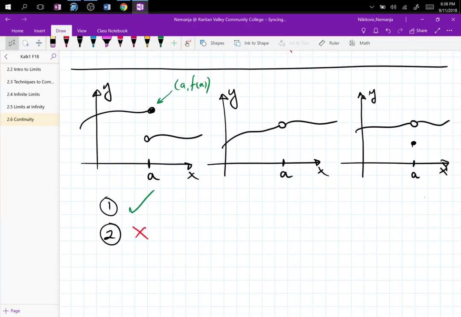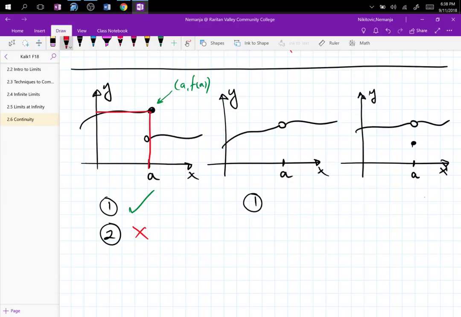All right, next one. What happened? There is no f of A. Remember the way we compute f of A: you shoot from A, and when you hit the function, it bounces into the y-axis.